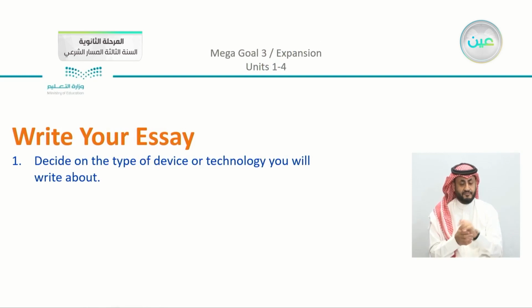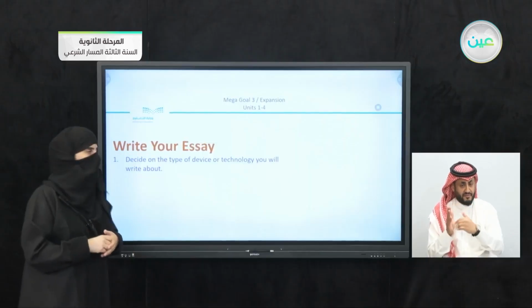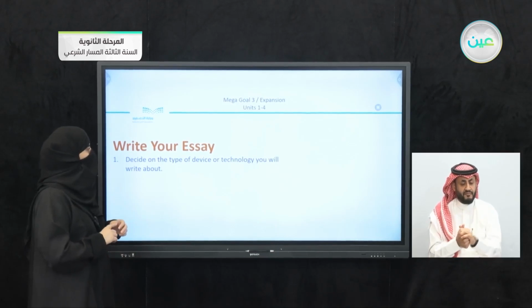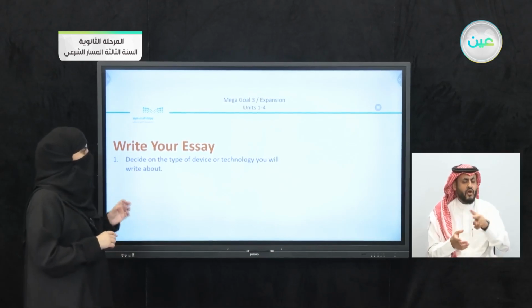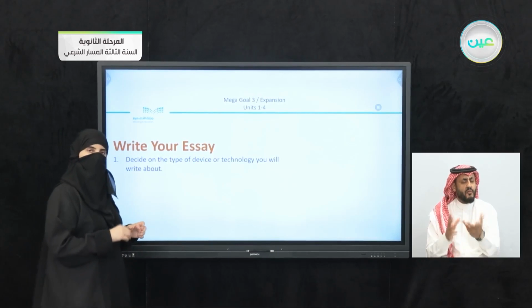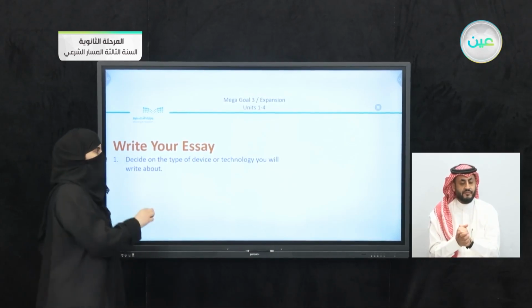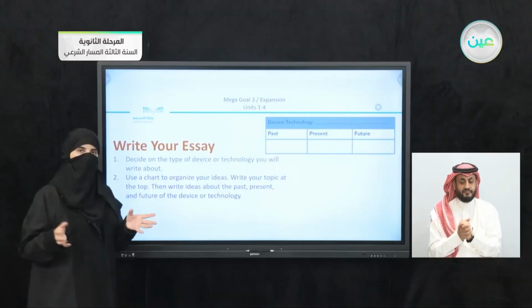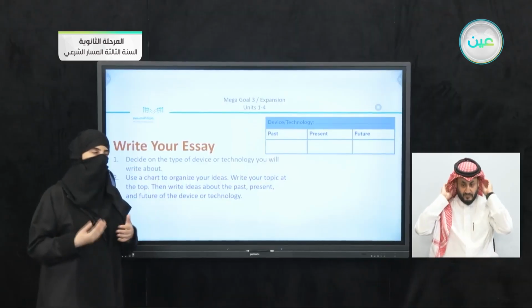Now, there are some instructions that are mentioned in the book. First of all, write your essay. First of all, decide on the type of device or technology you will write about. This is something that we mentioned. We're going to add number 2. Use a chart to organize your ideas. As the chart that you can see in front of you, you can just use it to organize your ideas here.